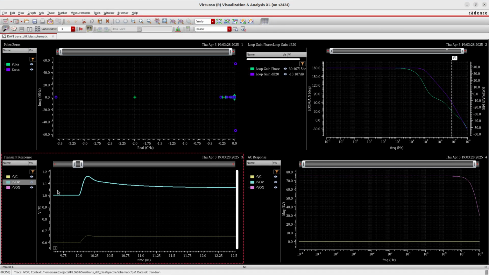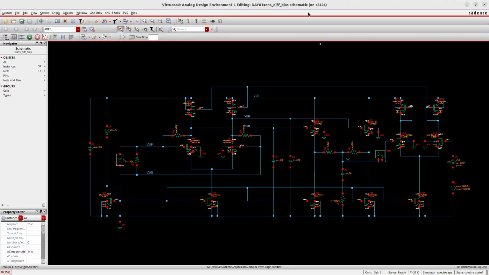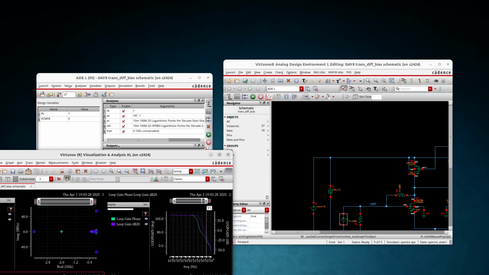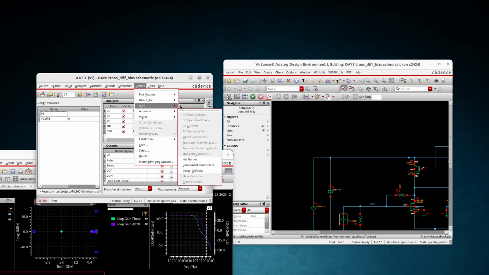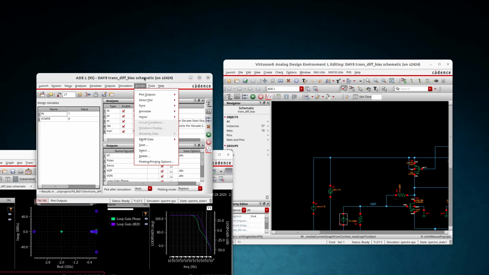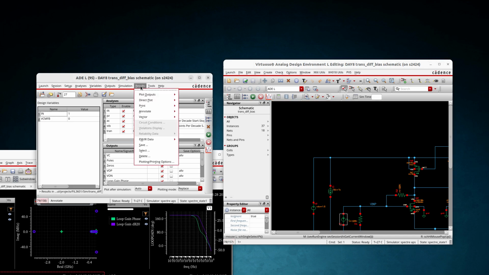And when I, oh, sorry, no, terrible mistake. We have to annotate the operating points. Let's see, results, annotate. Oh, it didn't go. Let's see, annotate. Oops.